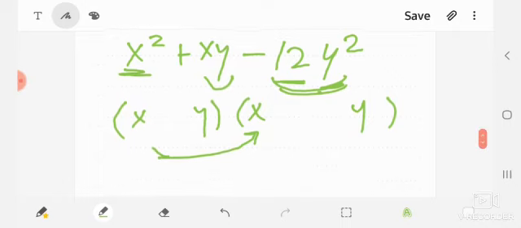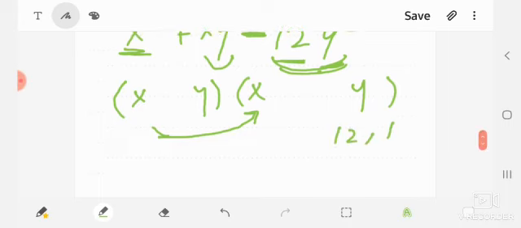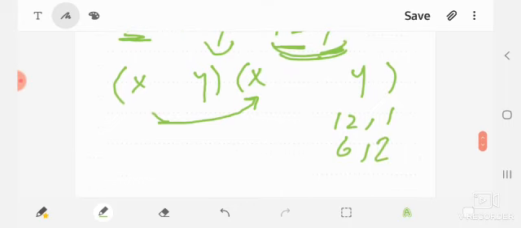Look at the coefficient of the third term. It is negative 12. Notice the negative sign. How can we get 12? 12 and 1, 6 and 2, and 3 and 4.